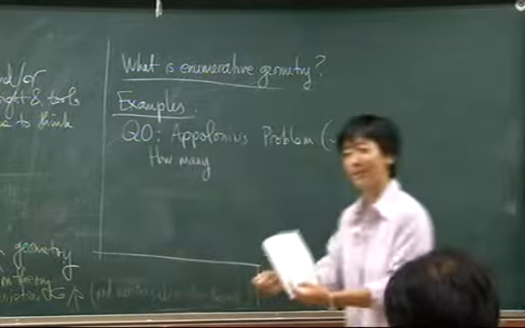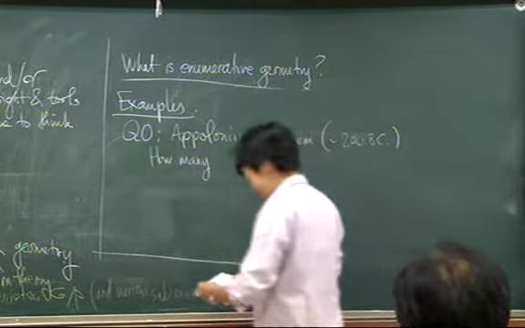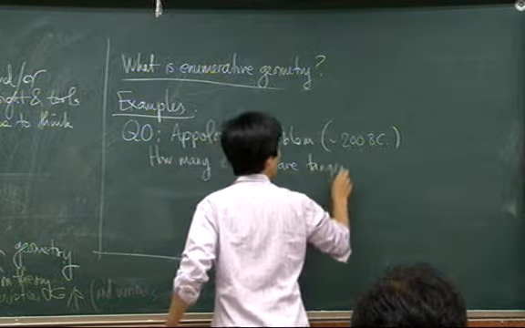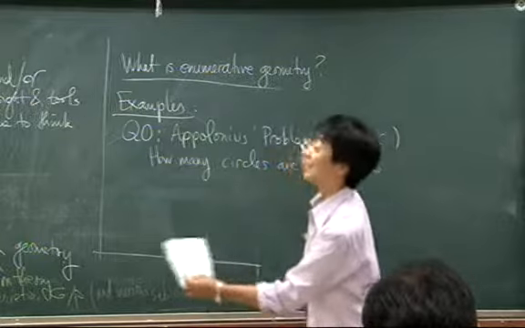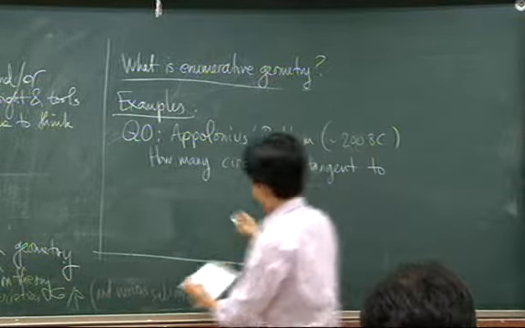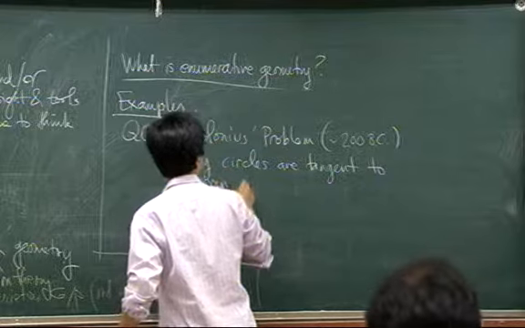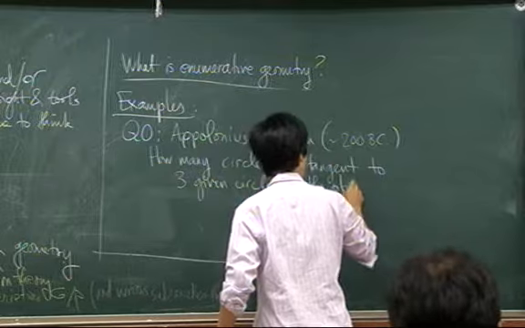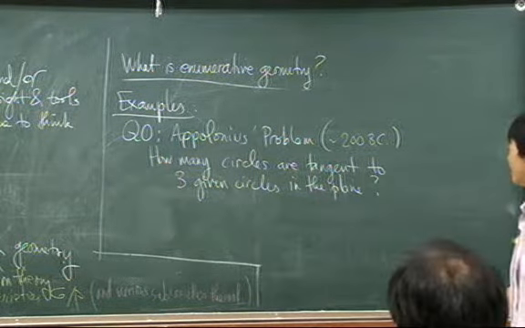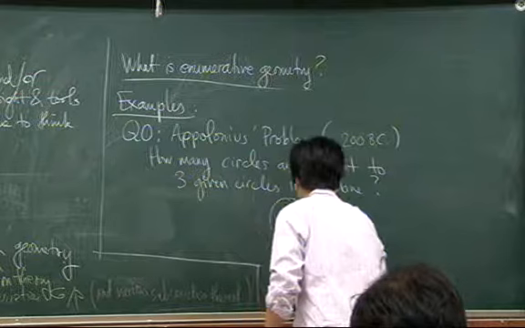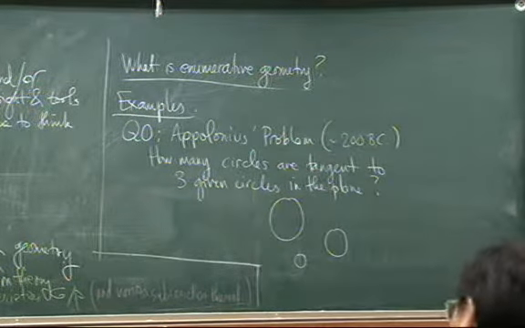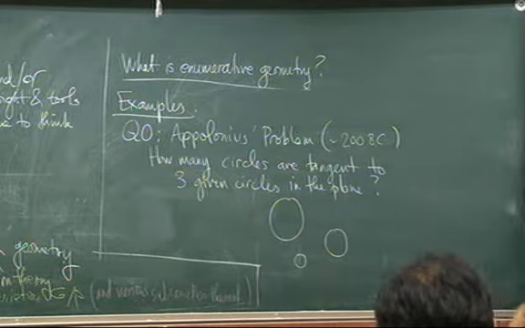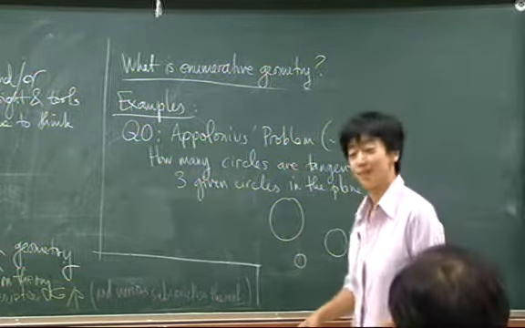We're just talking about plane geometry, high school geometry. So here are three given circles in a plane, and you start trying to draw circles which are tangent to all three. Generically the answer is supposed to be 8.